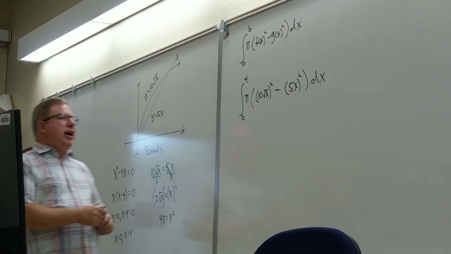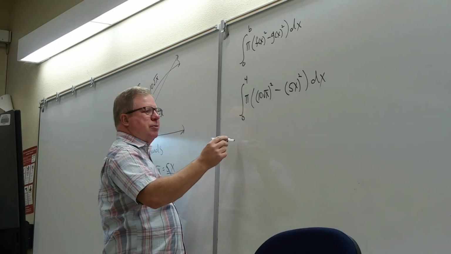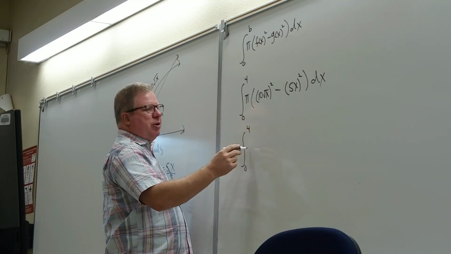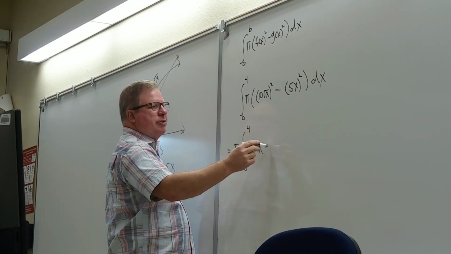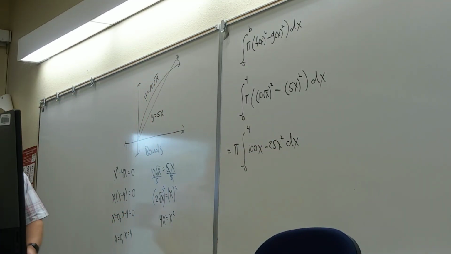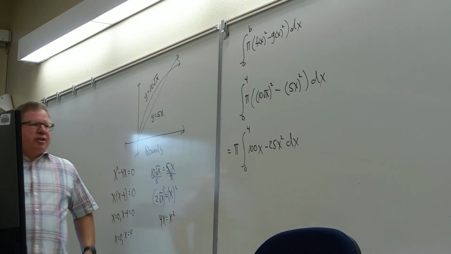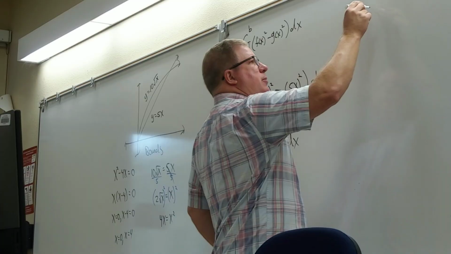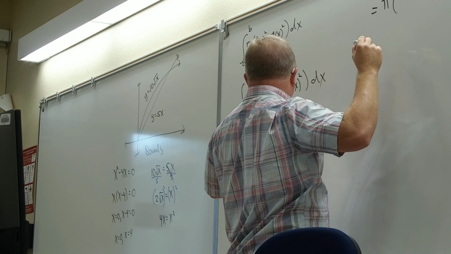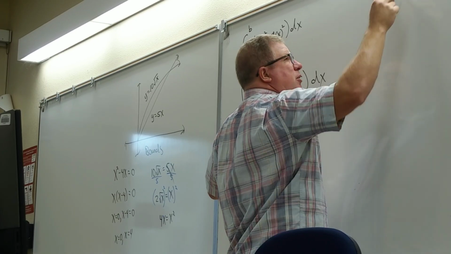All right, I'm going to pull the pi out, and then I'm going to square each of those. So that'll be 100x minus 25x squared. Now we'll do the antiderivatives. So add 1 and divide, so we'll get x squared, divide by 2, we'll get 50.